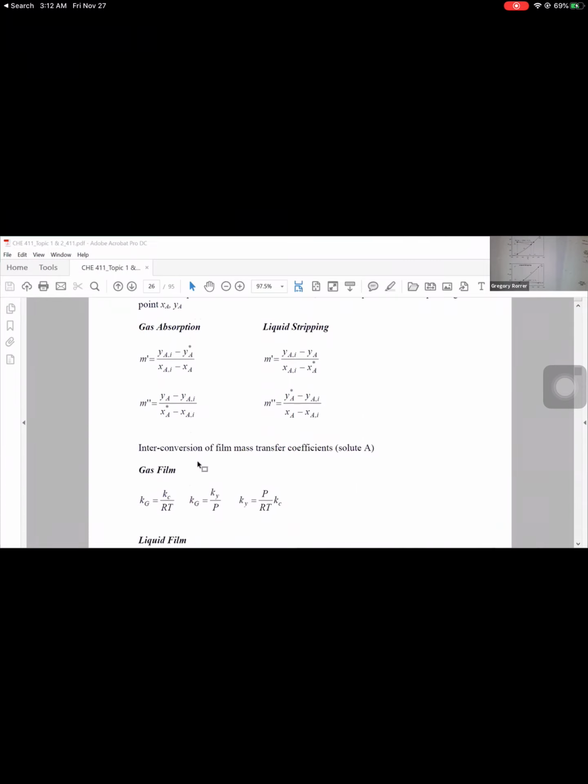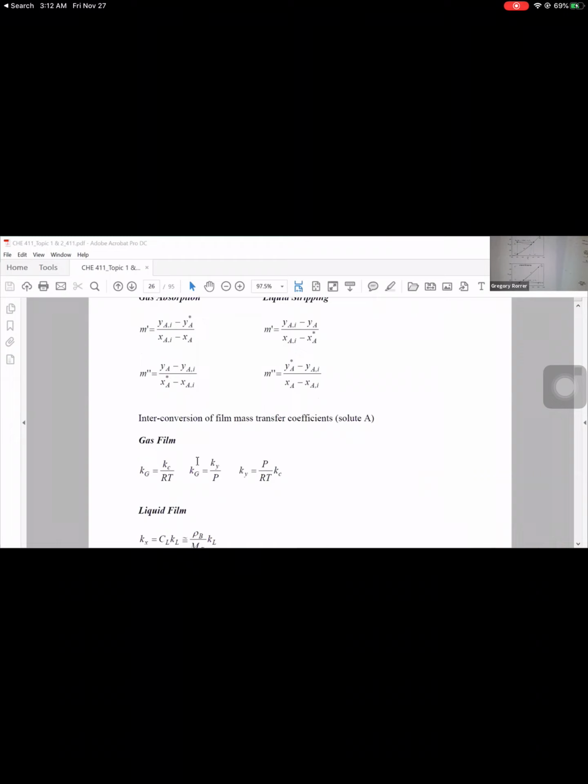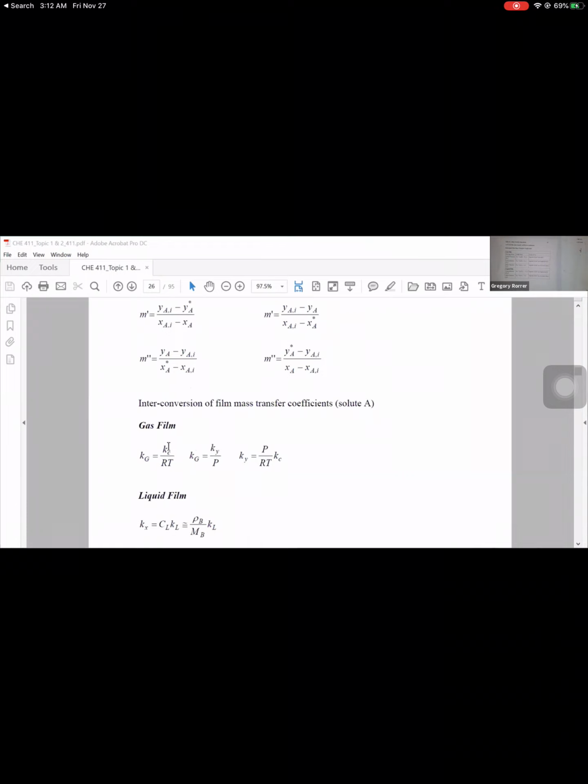Now, the last little piece I want to talk about is interconversion between mass transfer coefficients. Just as we had interconversion between values of the equilibrium constant, we also have different ways that we can describe the gas and liquid film. If we go back to this, this is page 11. Look at what we have here on the screen.